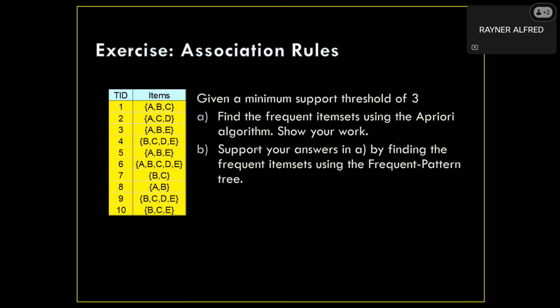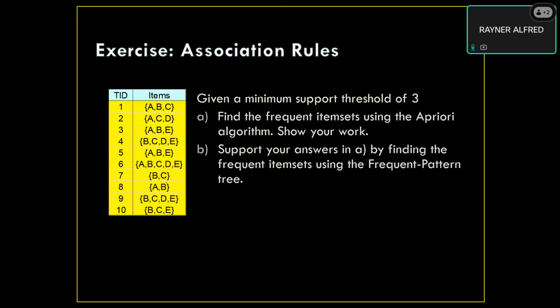Okay, so these are example questions. Given a minimum support threshold of 3, find the frequent itemsets using the Apriori algorithm. Show your work.